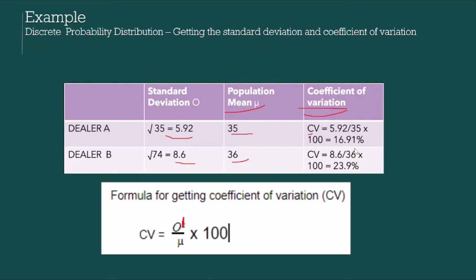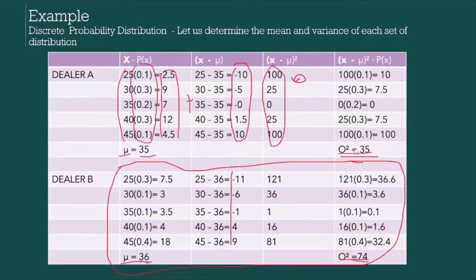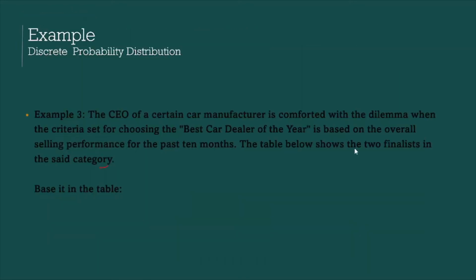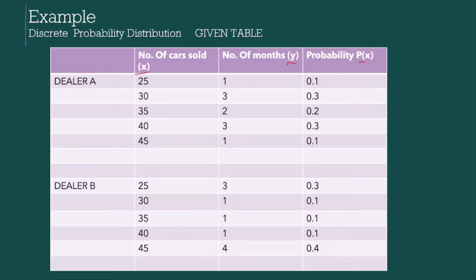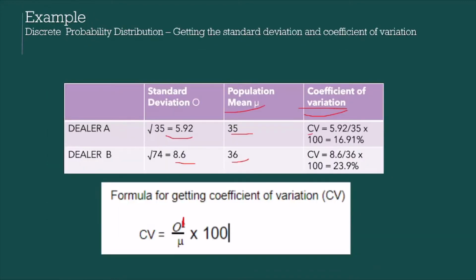Dealer B is 7 more variable than dealer A.